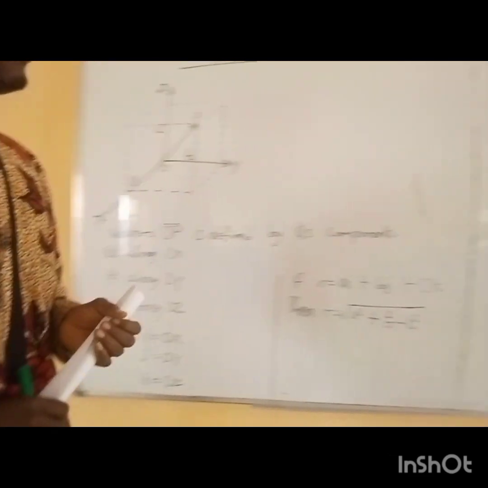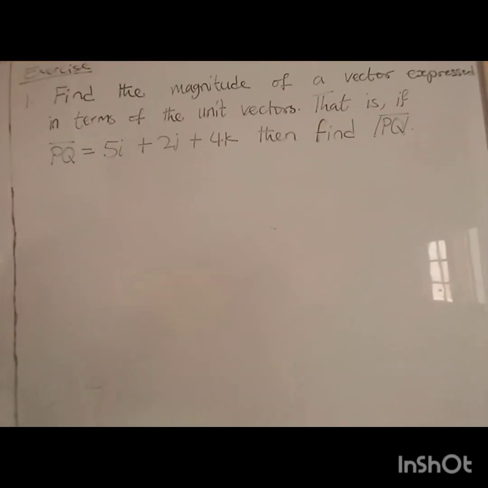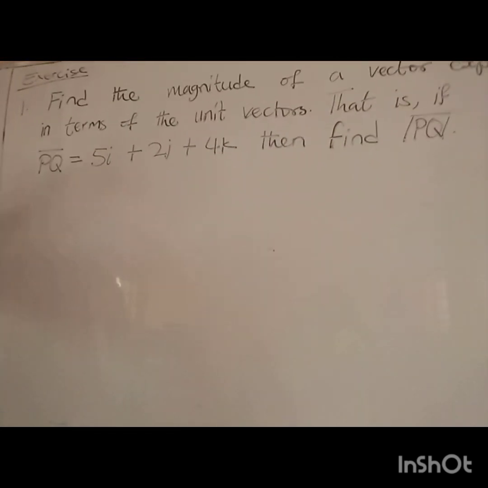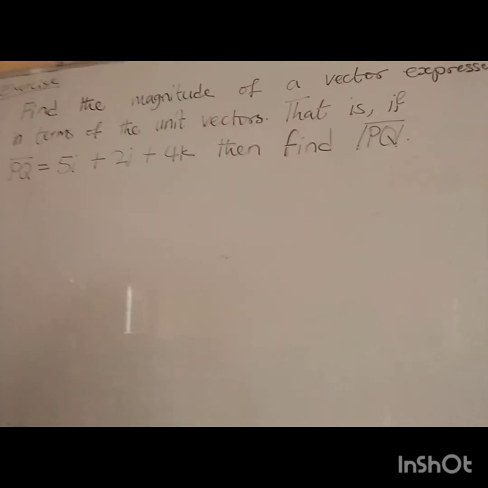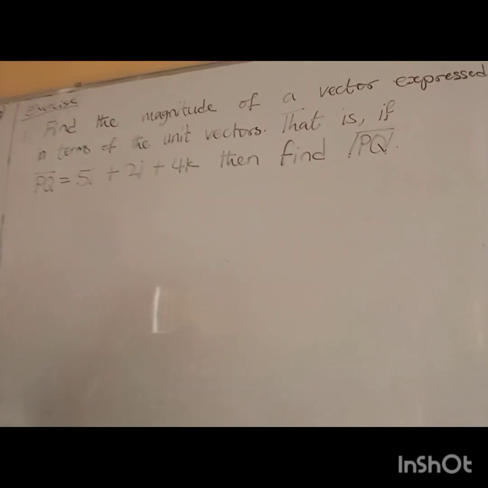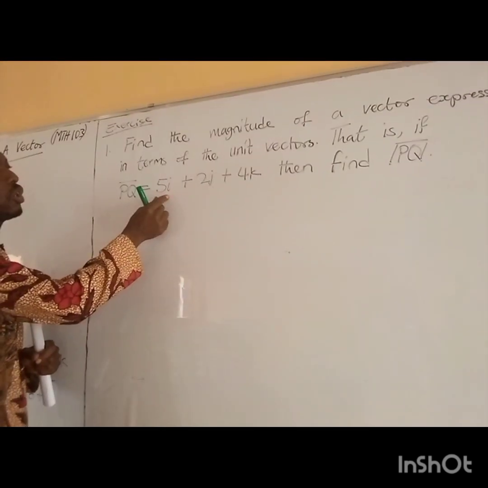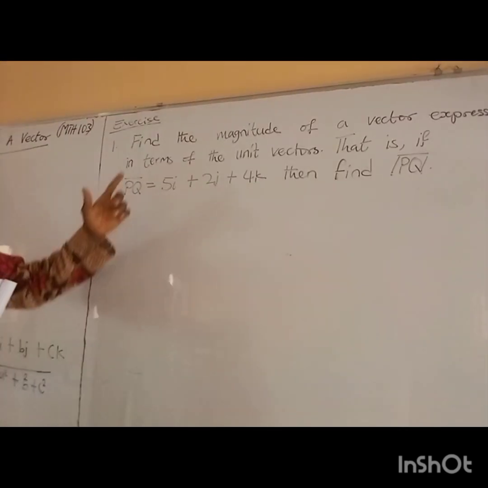Now, you have questions like this under vector. The question here is, find the magnitude of a vector expressed in terms of the unit vectors. That is, each of these items is a unit vector. So we are asked to find the magnitude.